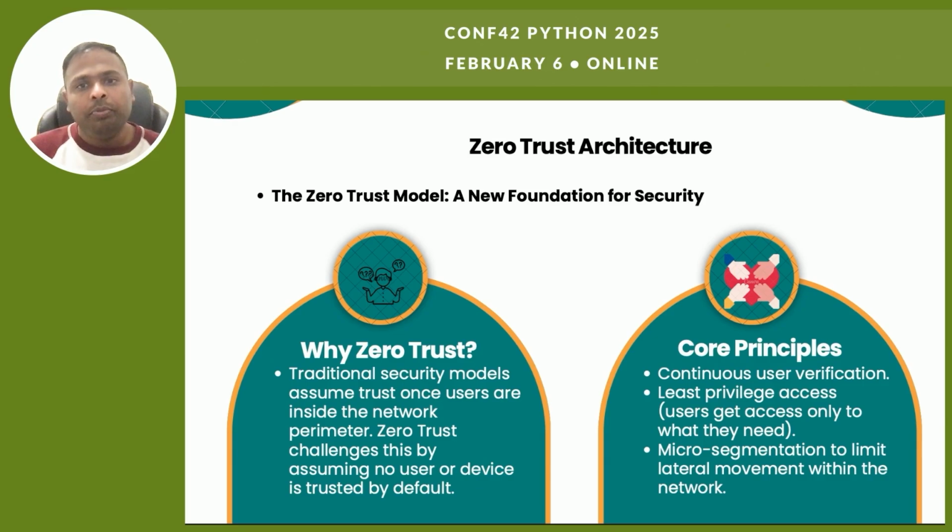The core principles it follows are continuous user verification, and leveraging least privilege access, where users get access only to what exactly they need. It could be applications as well. And also micro-segmentation to limit lateral movement within the network.